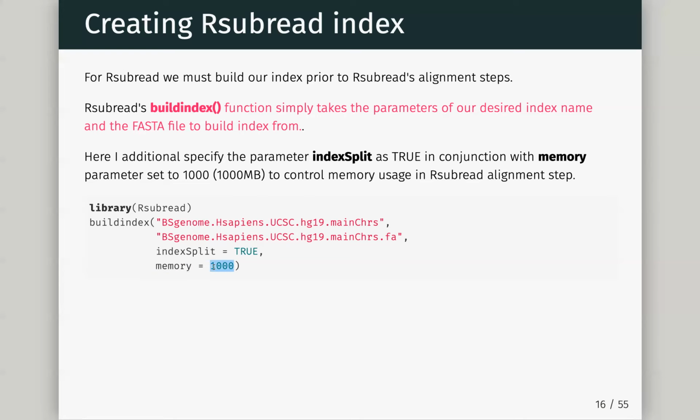So if you set this low, when you come to alignment, you're also going to save memory. If you set this high, it's going to get faster, but you're going to need more memory. I think by default it sets this at 8,000, but you always need to set indexSplit to be true or false. If we set it to true, it's actually going to try and reduce our memory. If you set that to false, this memory parameter has no effect.